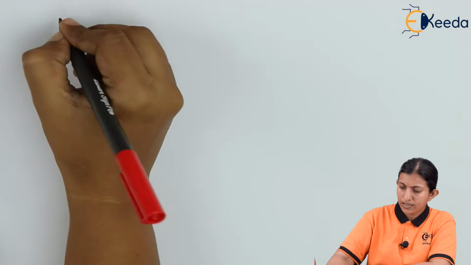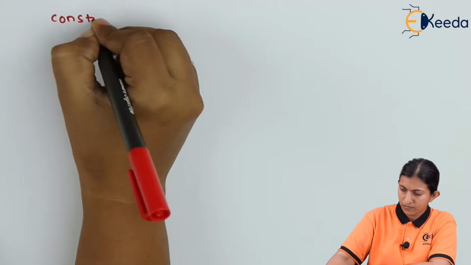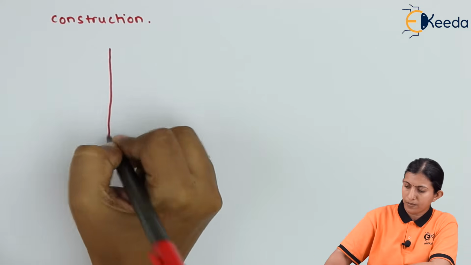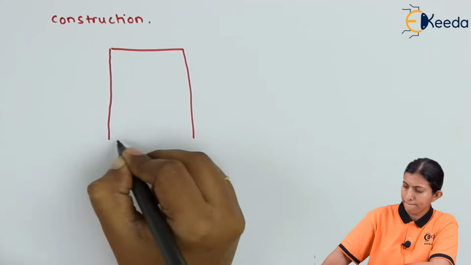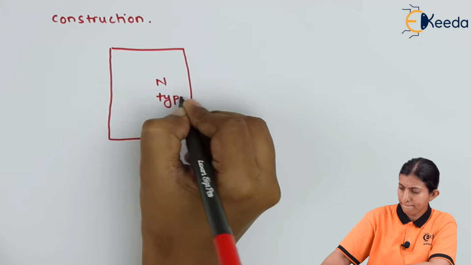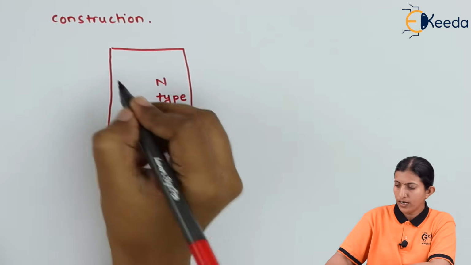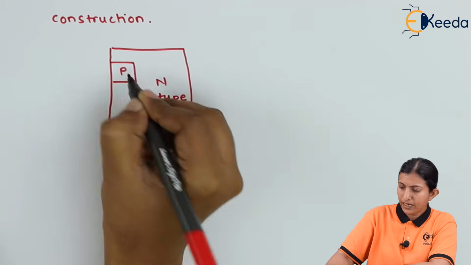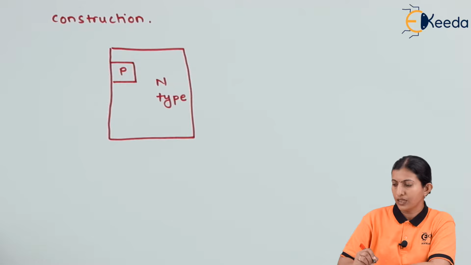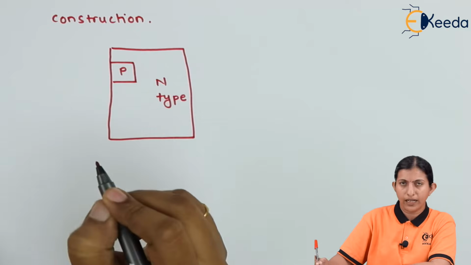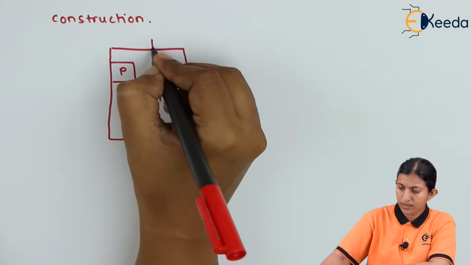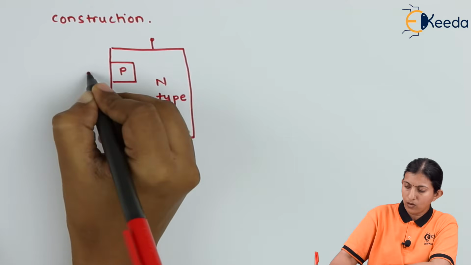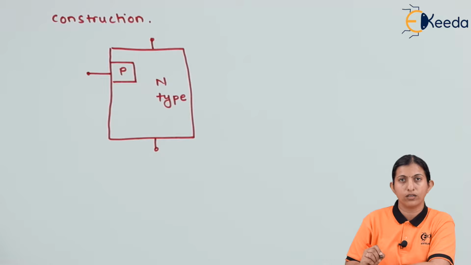The unijunction transistor construction: it consists of an N-type semiconductor bar, which is made of silicon, and it consists of a P-type semiconductor bar. Now from this N-type material, two terminals are taken out, and from the P-type material, one terminal is taken out.